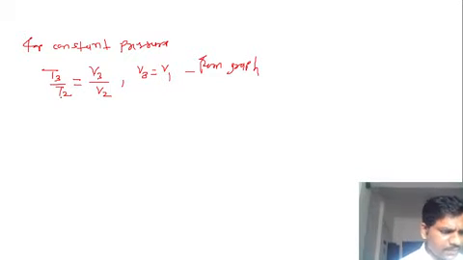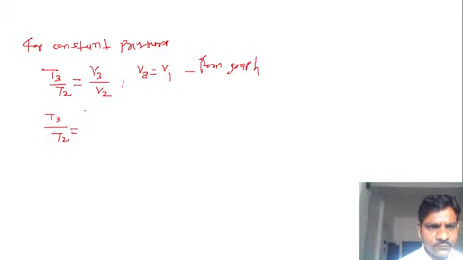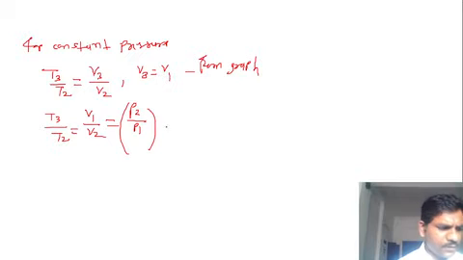So how do we determine T3? T3 upon T2 is equal to V1 upon V2, which is equal to P2 upon P1 to the power 1 upon gamma. We know this formula. So put the values here.